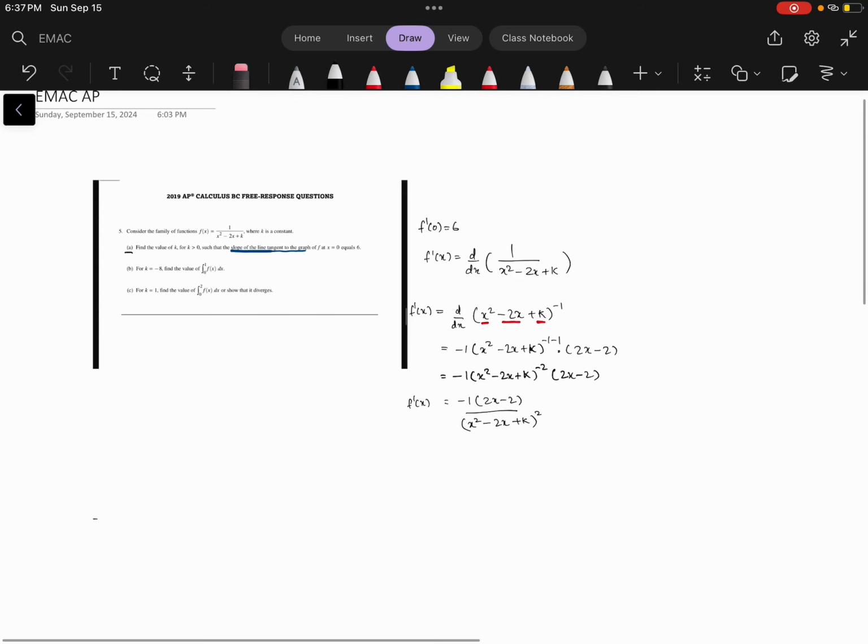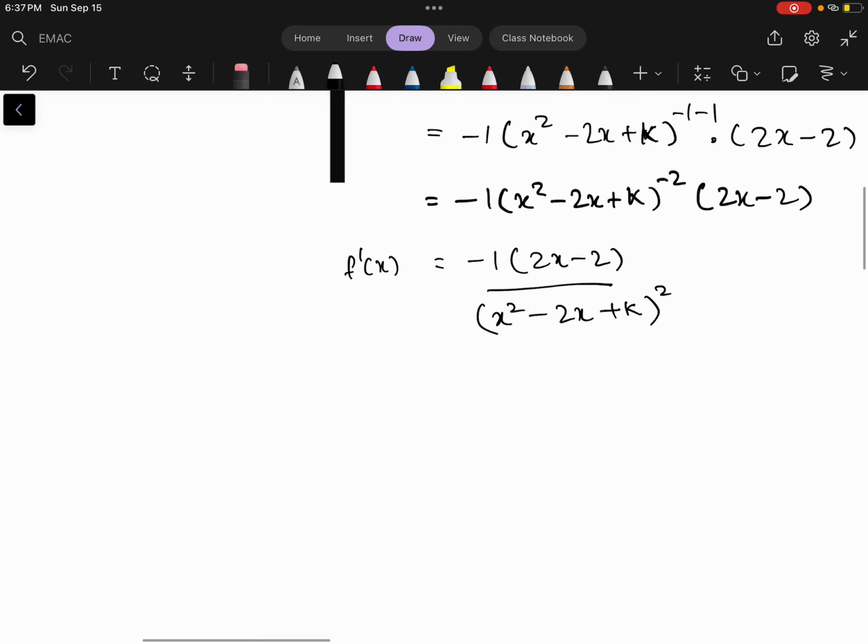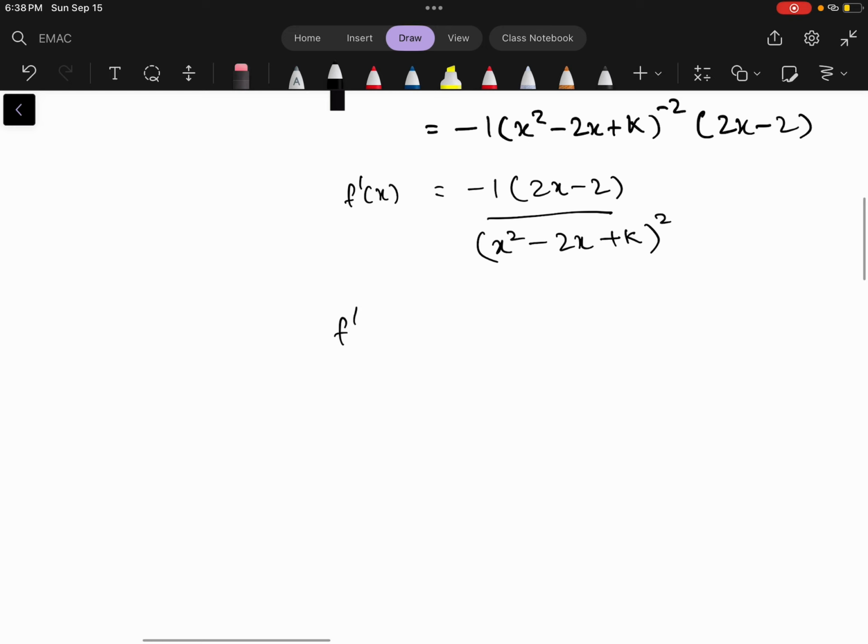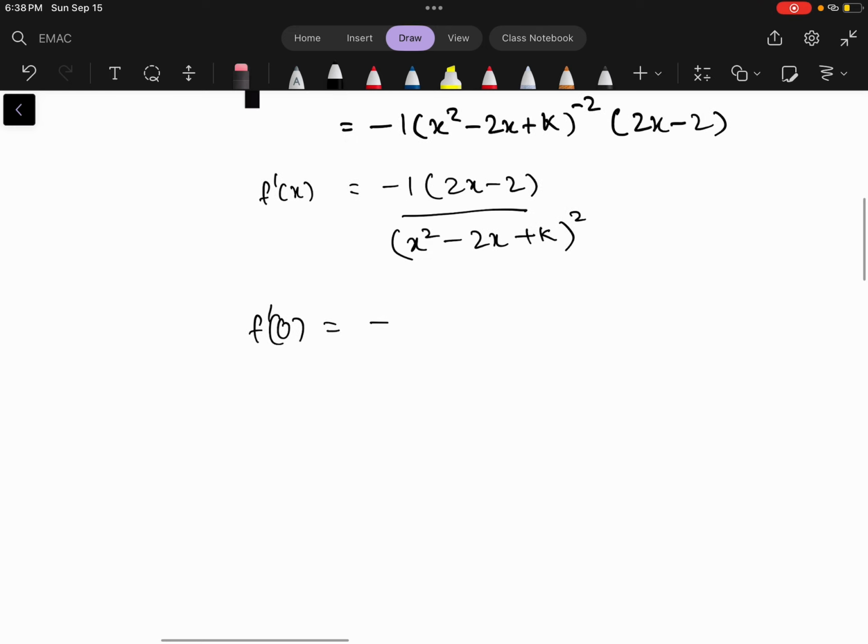What we are given is f prime of 0, so we plug in 0 for x in this function. That's minus 1 times 2 times 0 minus 2, over 0 minus 2 times 0 plus k, whole squared.